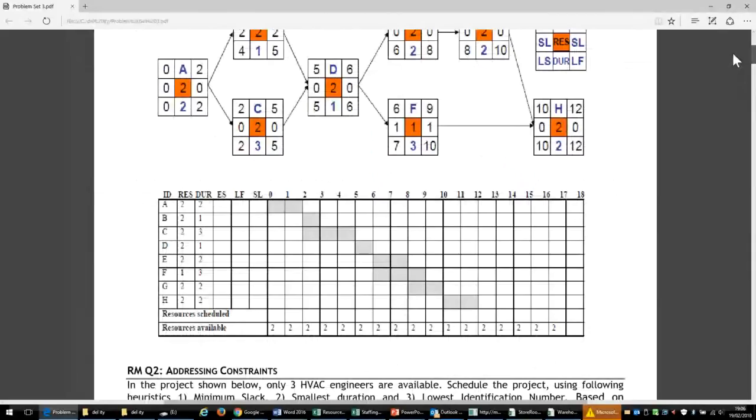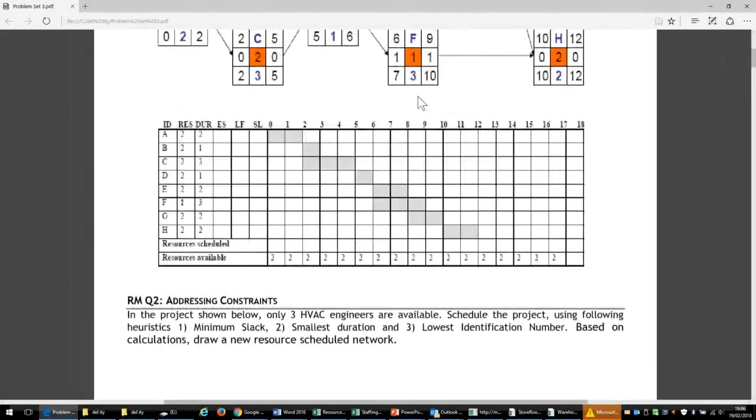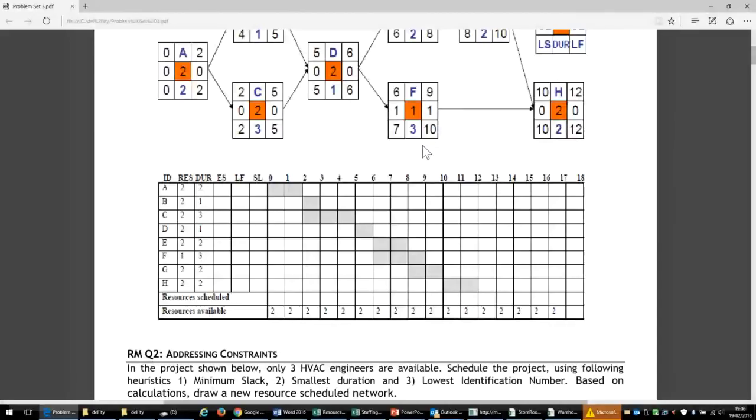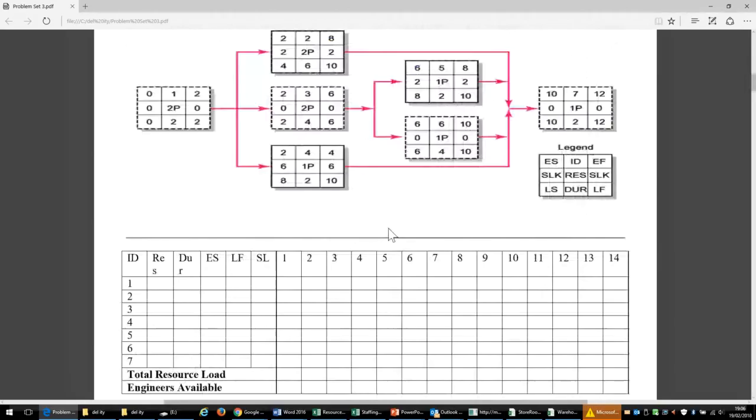The slides are available from the session, but the first two problems helped us learn more about the parallel method and how computing and project management software tools do resource leveling.